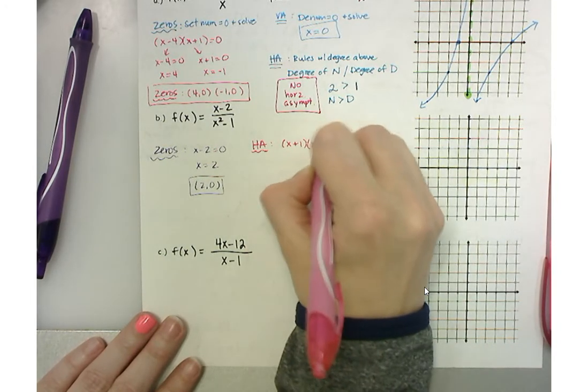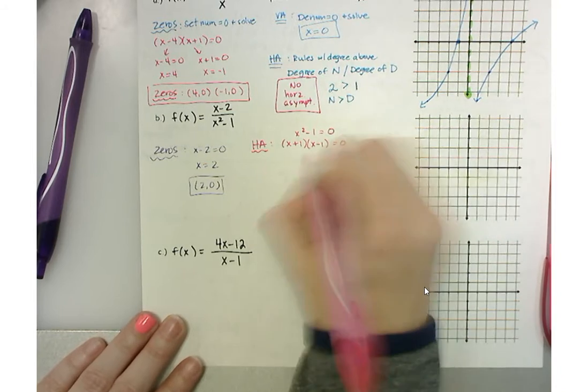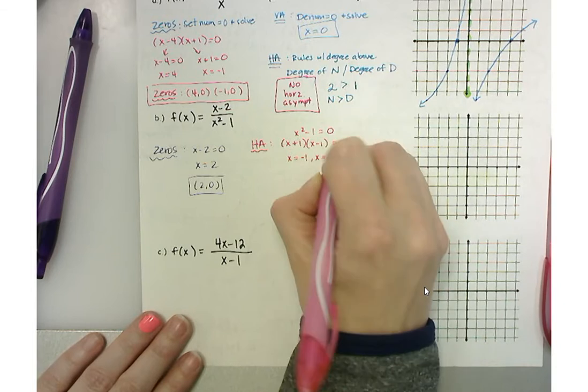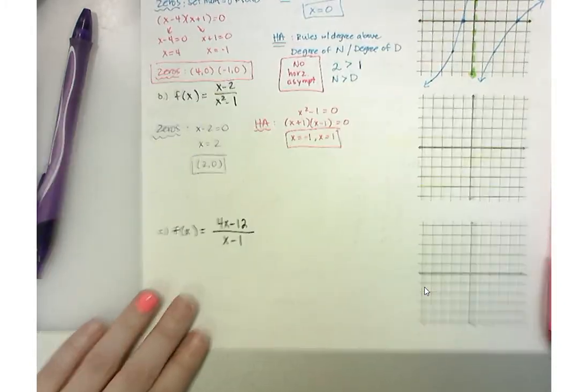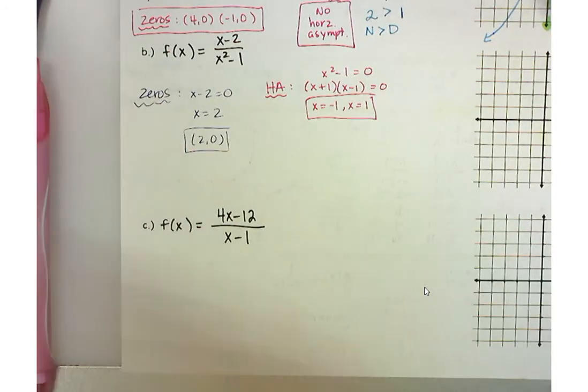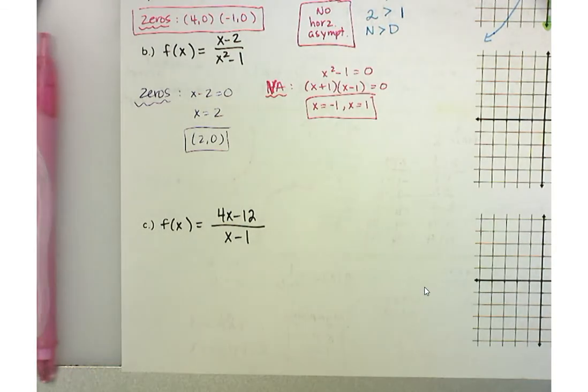So I have two vertical asymptotes, one at x equals -1. I'm going to label it in a second. One at x equals 1. And really, when you put all these on there, it looks like an H. Those are going to show you where your bounds are. So here's x equals -1, x equals 1, y equals 0.